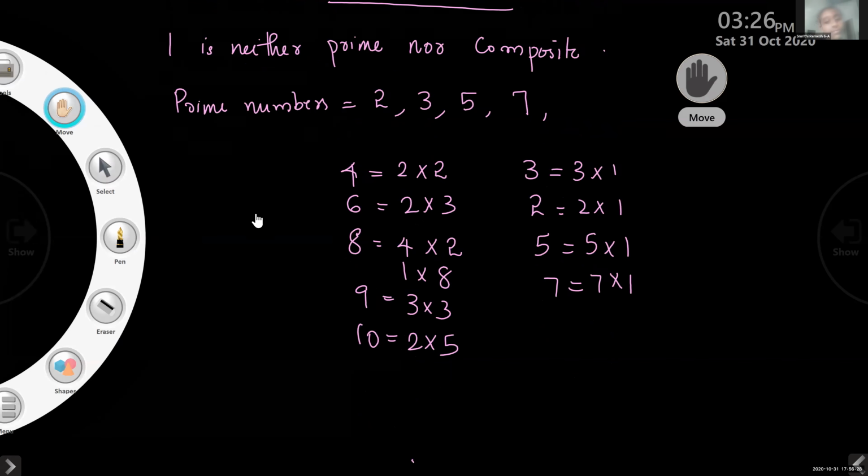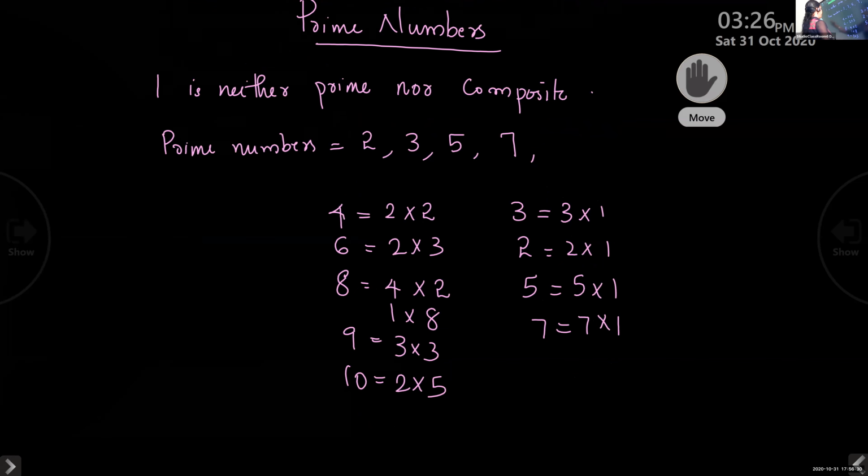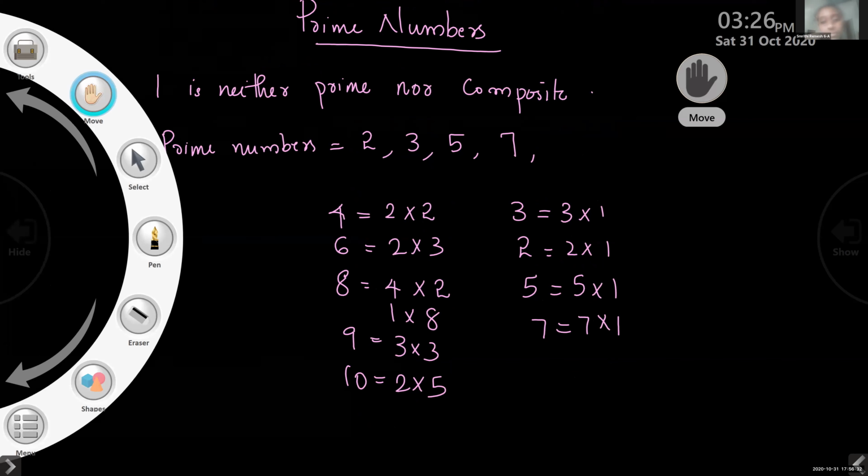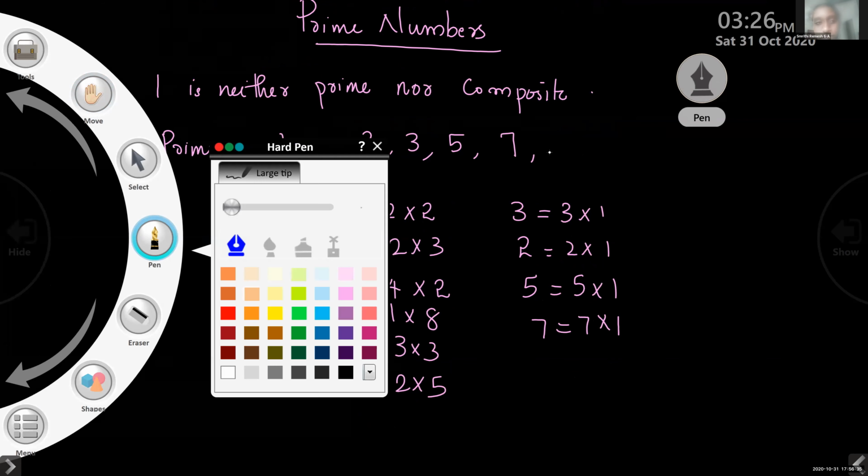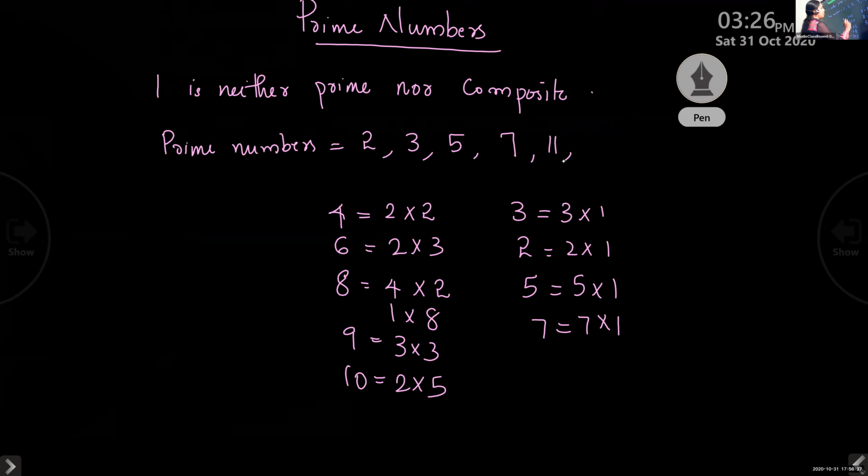So what is the next prime number, children? 11. And what about 12? 6 twos are 12, 4 threes are 12. So we cannot include it. Then 13. 13 is a prime number.